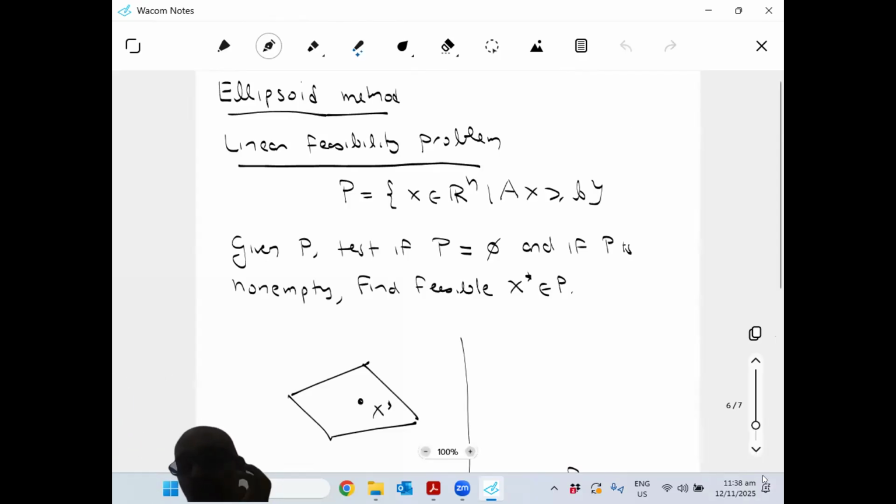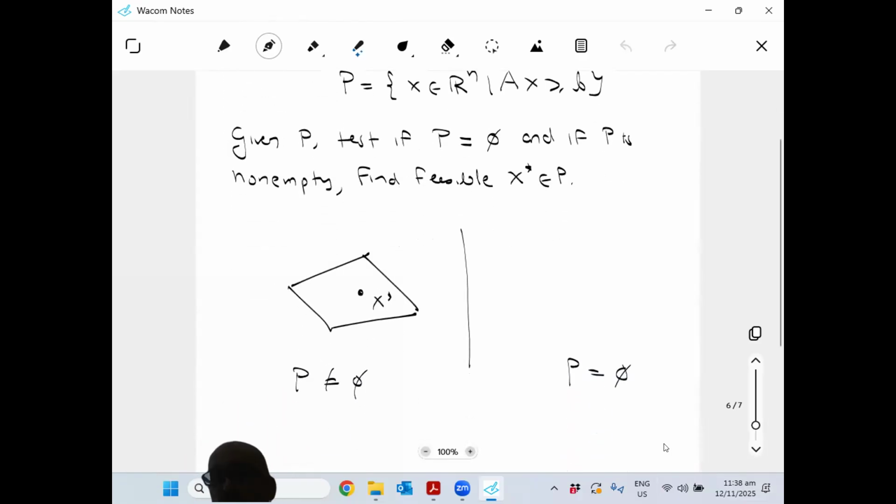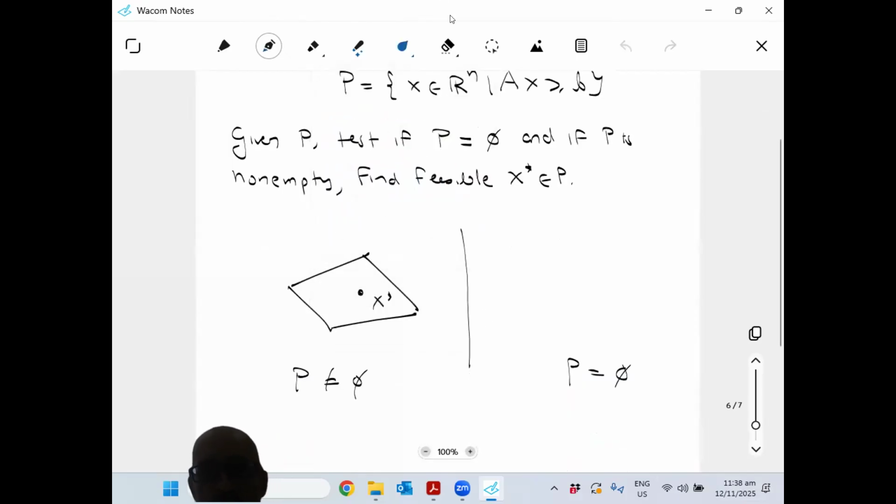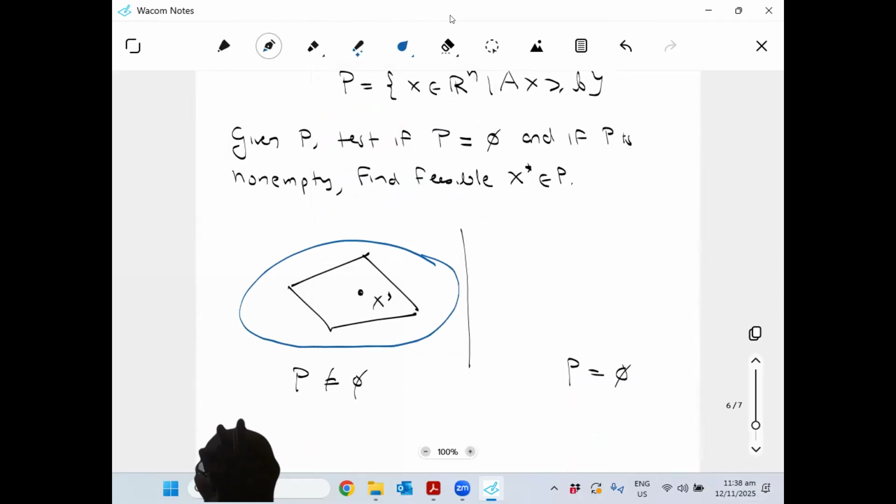So you have to first find a large ellipsoid which is guaranteed to contain the polyhedron. It can be a very large ellipsoid, but for example, in this case, that's an ellipsoid. There's a formula for an ellipsoid, but there is some large enough ellipsoid which is known to contain the polyhedron.